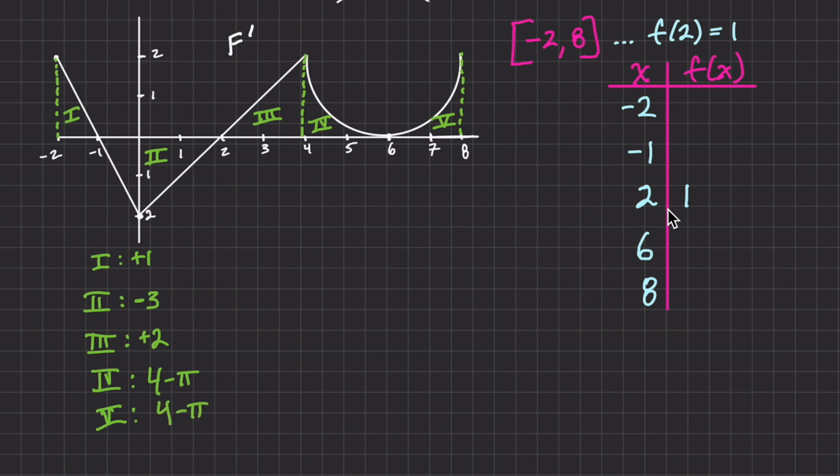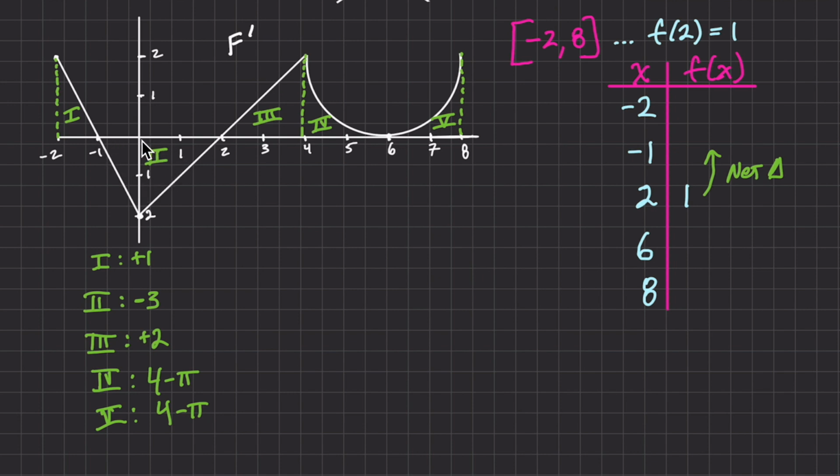Okay, now we're going to go to our table. We're going to start at x equals 2 where we know the y value. We're going to go to x equals negative 1. We're going to get the net change using the area of the graph, and apply that net change to the value of 1. So here we go. We're at x equals 2, going to x equals negative 1.